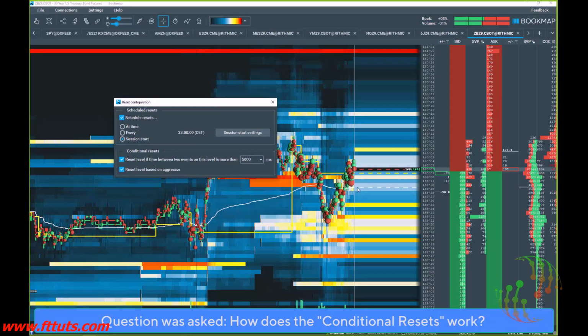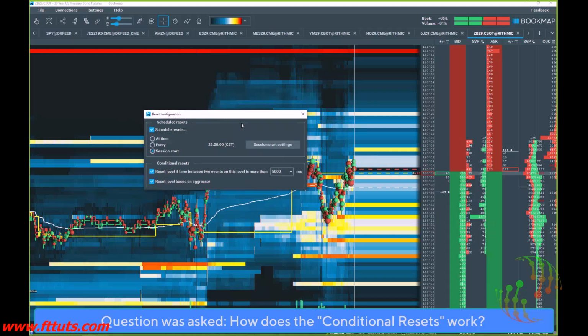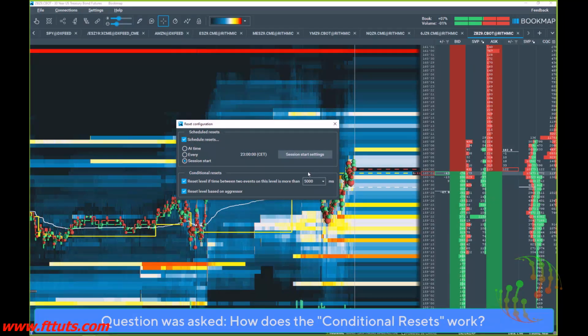Because the treasury here, the ZB, 30-year bond, takes a lot of time, because they are moving one fraction up or down. Then I think it would make sense to define 5,000 milliseconds. I haven't tested it, I'm not sure, but I think you have more time and you have a more accurate indication of what is really traded during this time here.